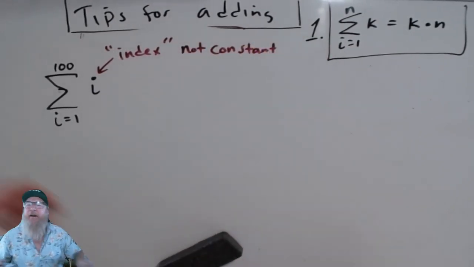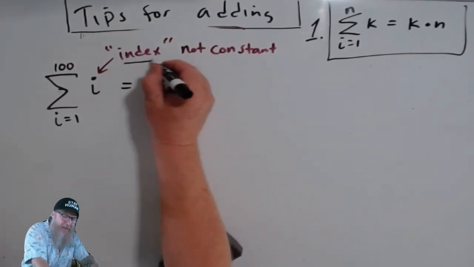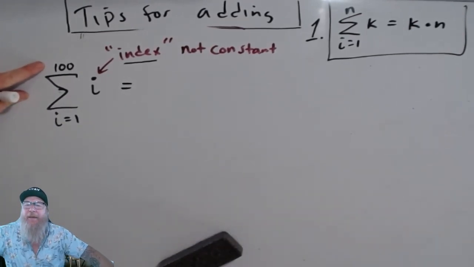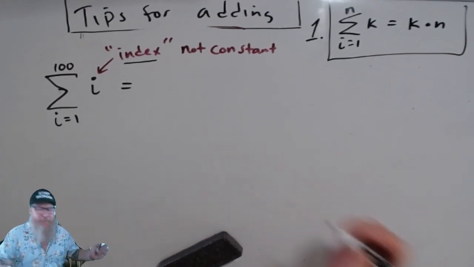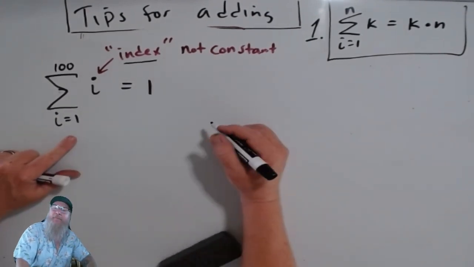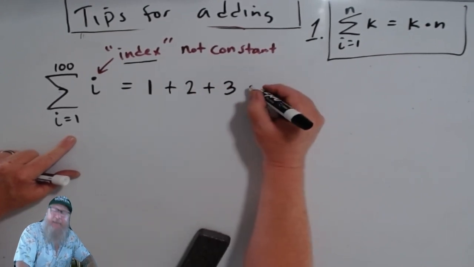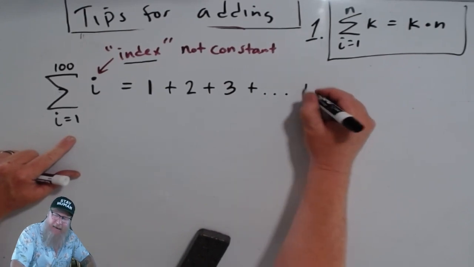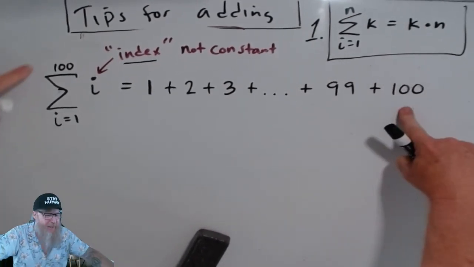Yeah, it's like a variable, but the reason why we call it the index is because it's a variable that changes according to a pattern, right? It's not a random variable. It starts with 1, and then it goes to 2, then it goes to 3, 4, 5, 6, 7, 8, 9, and then it goes to 99, and then 100, and then it stops.